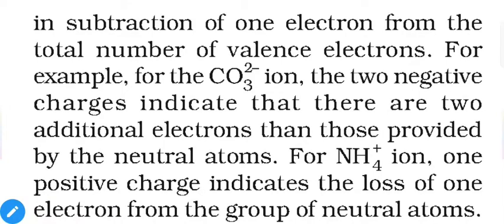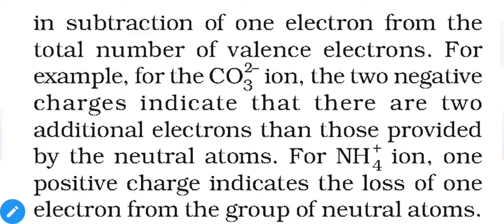Carbon has 4 valence electrons. Oxygen has 6 valence electrons, and we have 3 oxygens, so from oxygen it will be 18, and 4 from carbon, so we have a total of 22 valence electrons. Because of the -2 charge you have to add 2 more electrons. So the total number of valence electrons in CO3 2- will be 24.